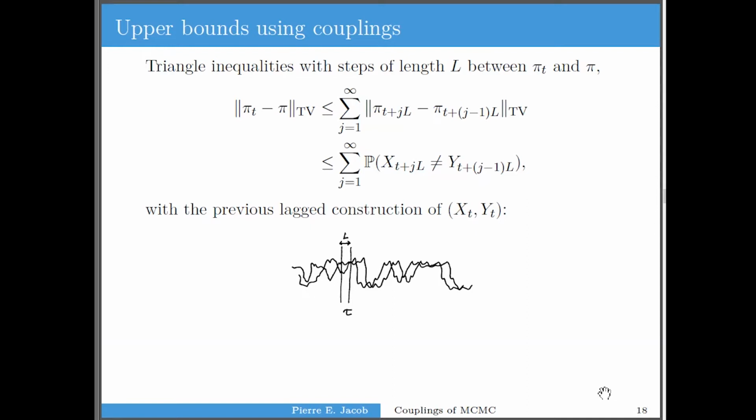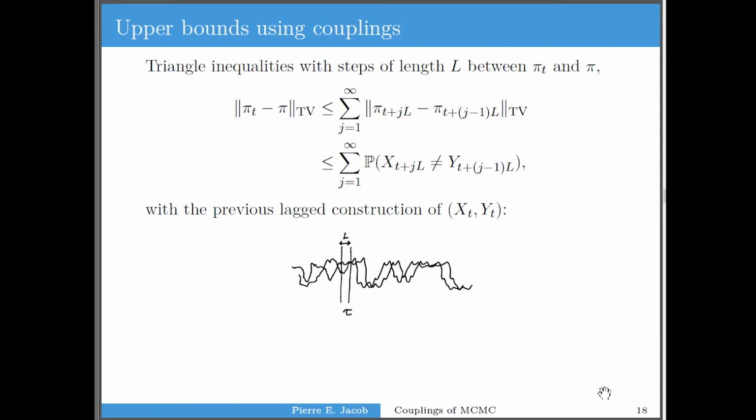And then you use the coupling inequality for each of those TVs. So you find that they're each less than the probability that some x t plus jL is different from y t plus (j minus 1)L, for any variables x t plus jL and y t plus (j minus 1)L that would follow those marginal distributions. And then you run coupled chains and you estimate all of those probabilities by indicators.